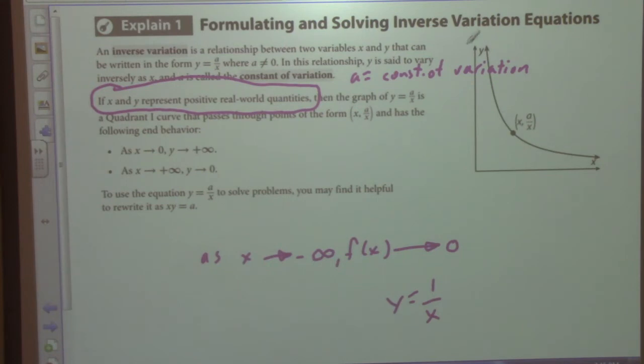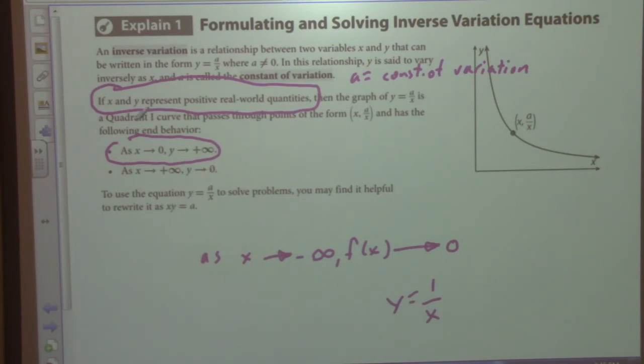But this particular one right here, you don't actually approach negative infinity. You do approach 0 as x approaches 0, and here is x approaching 0 and y is approaching positive infinity. So that's what that looks like.